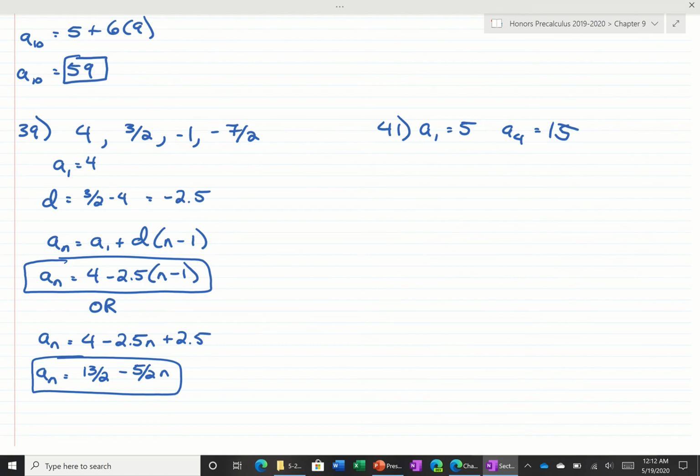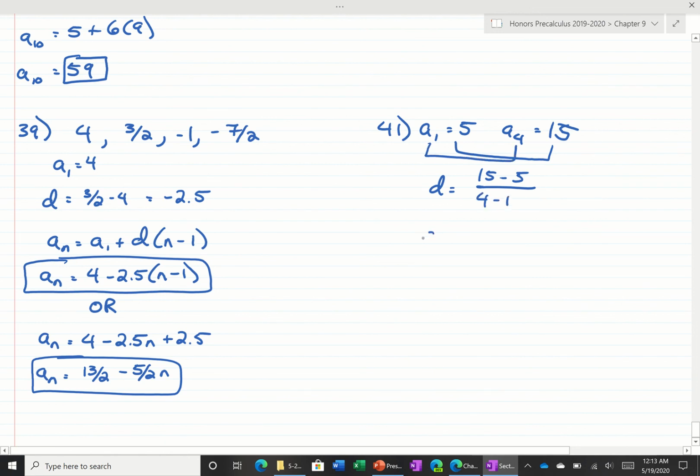All right, let's see here. For 41, we know what the first term is, but to get our common difference, let's find the difference between these two over the number of terms we have to make that up. So our common difference would be 10 over 3. And let's go ahead and make our formula.